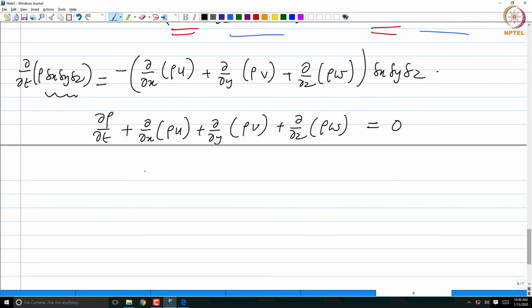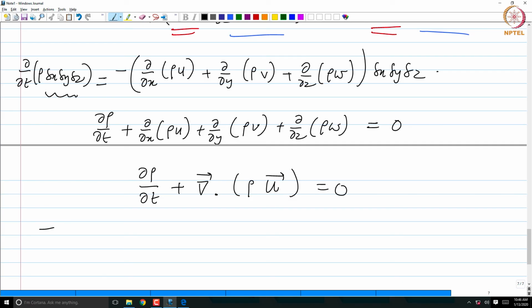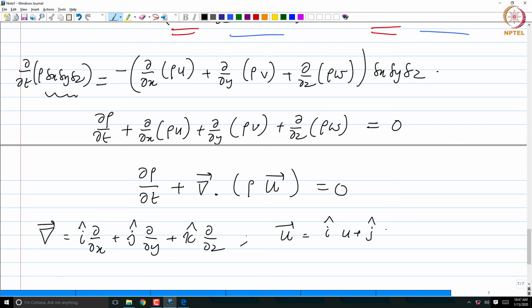In a shorthand notation, we can write it as partial rho partial t plus nabla dot rho u bar equals 0, where del bar is i hat partial x, j hat partial y, k hat partial z, and u bar is i hat u plus j hat v plus k hat w.